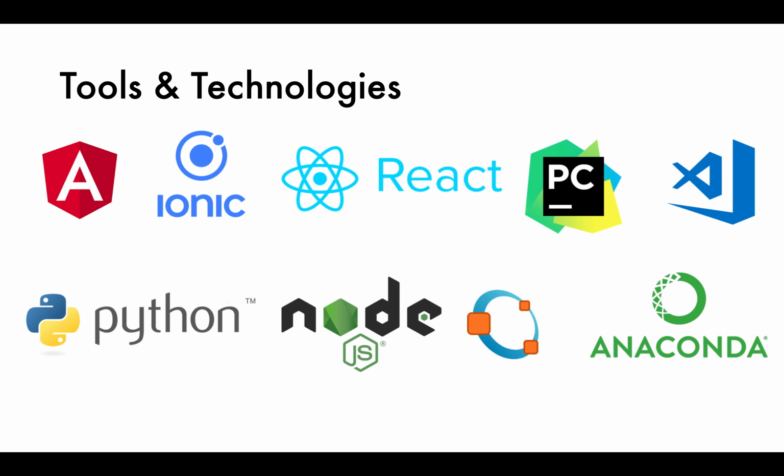So basically, the technologies we are using for the mobile application, we are using Ionic, because it works as a hybrid application, so that it can work on Android and iOS. Then our backend is basically using Python.